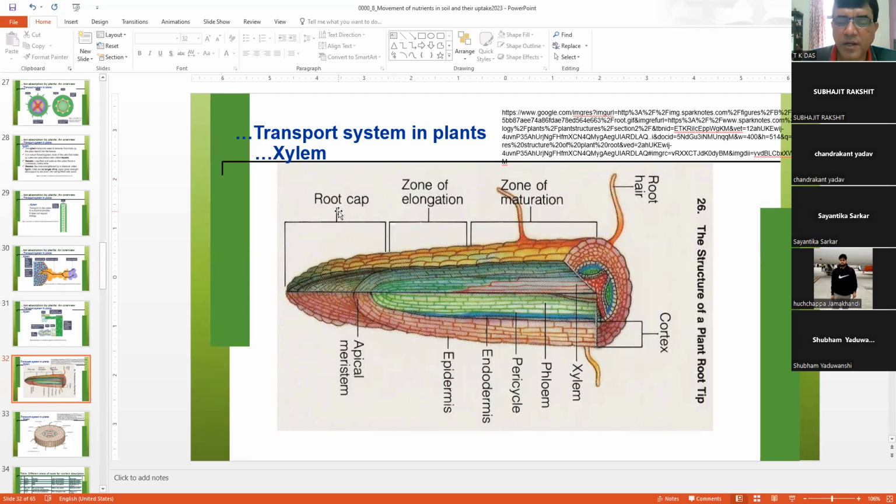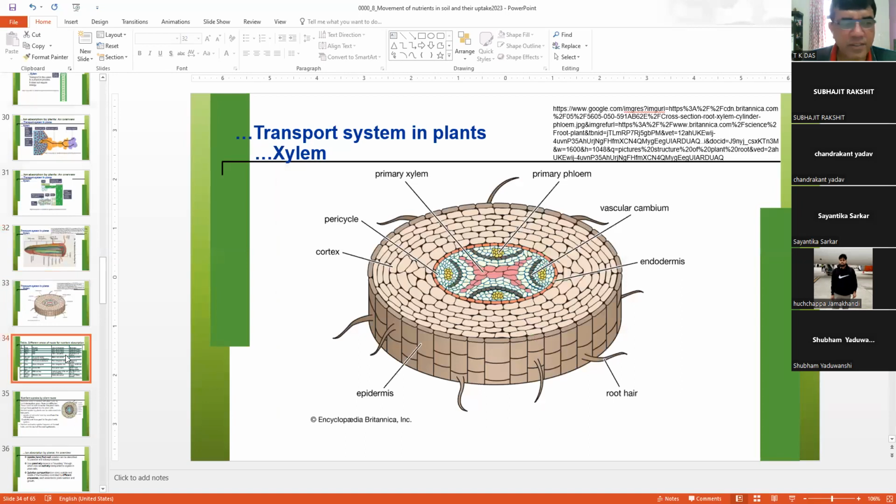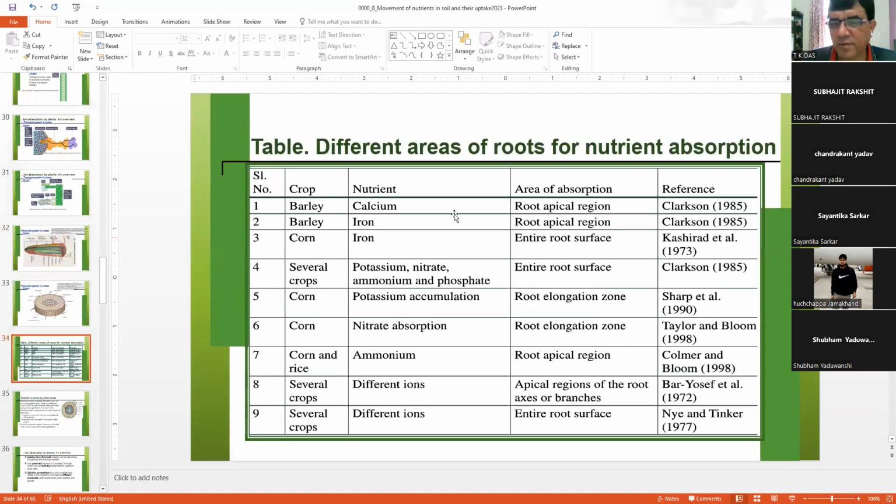It depends upon the kind of nutrient also, in which part of the root you will have more absorption of that particular nutrient or ion. So for this, I have also shown you this data that which nutrient is taken up by which part primarily. So for example, potassium, nitrate, ammonium, and phosphate, they are taken by entire root surface.